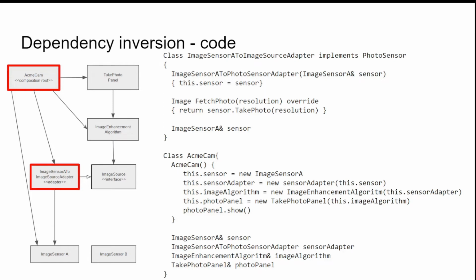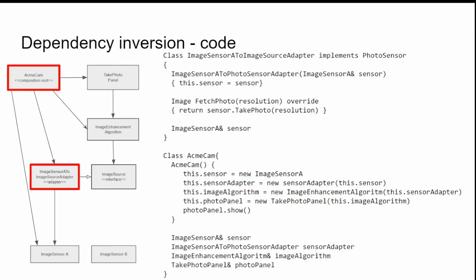So when we are building up the system, again bottom up, just as usual, first we create the image sensor A, and then we create the adapter, and then we plug the sensor into the adapter, so basically the dependency injection. And then the image enhancement algorithm needs an adapter, or not really the adapter, but actually it needs some kind of image source.